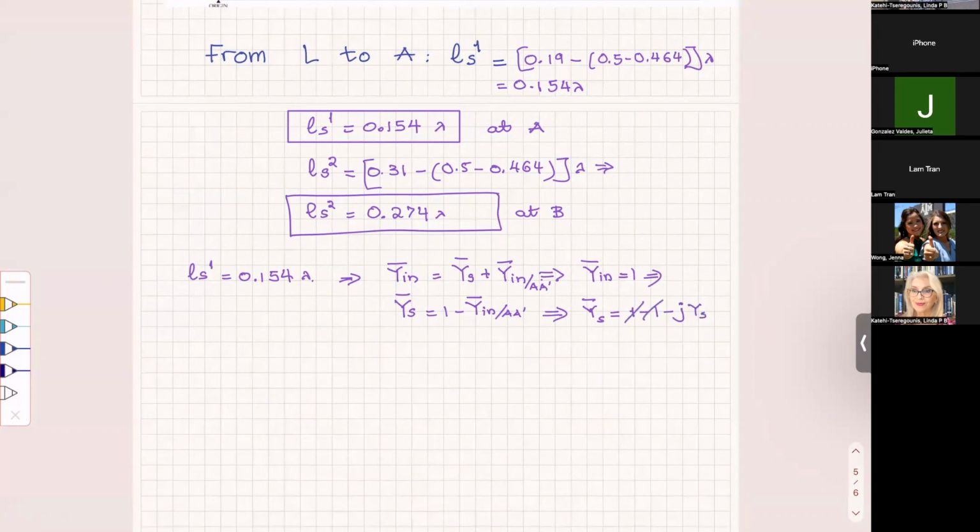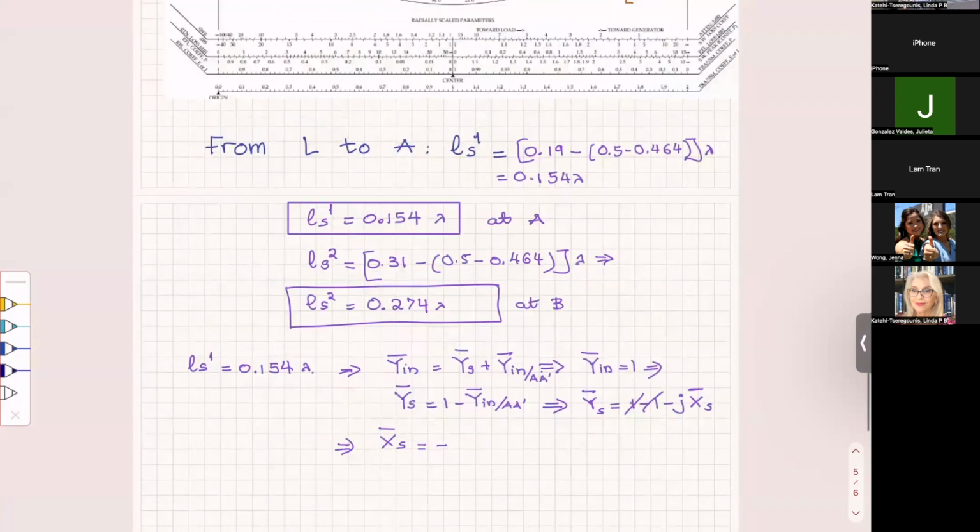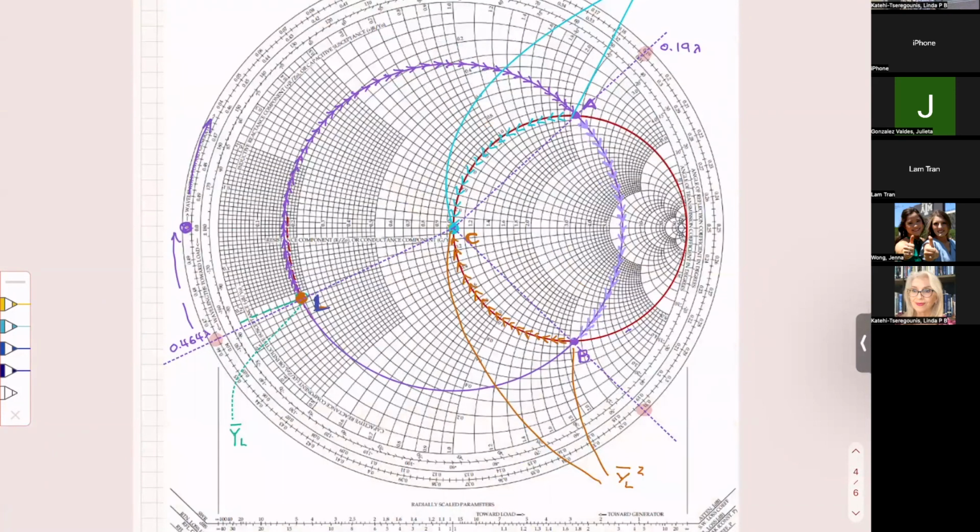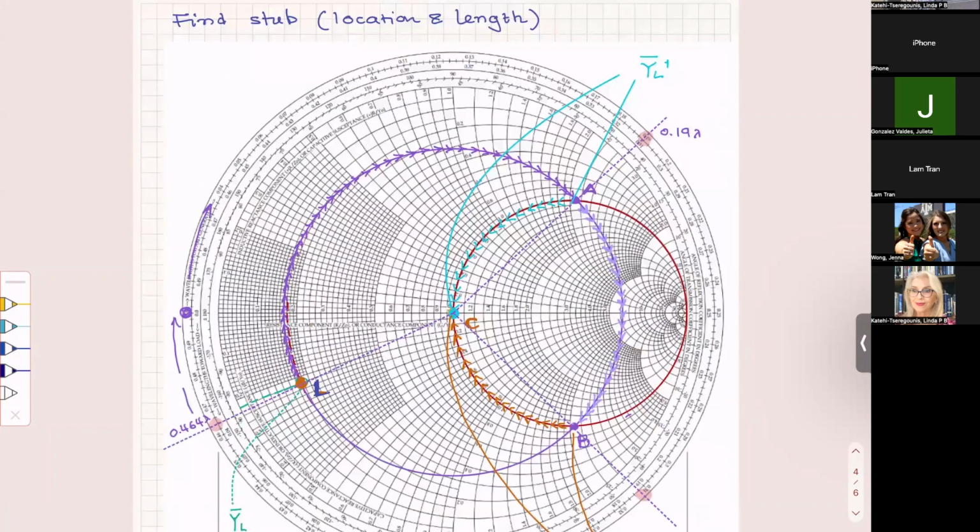So practically, in fact, we should not use the same Y here. Let's call this X. Let's call it YX, okay, for the stub, which implies that XS normalized is going to be minus, for the stub, whatever the reactive part is here, that is from C to A, which practically, A is close to 2, all right?